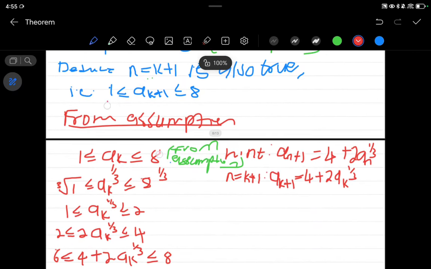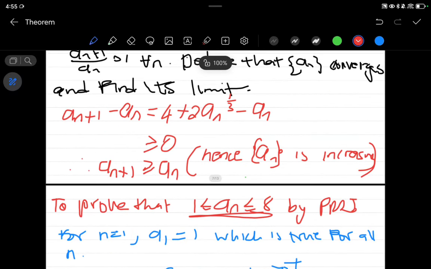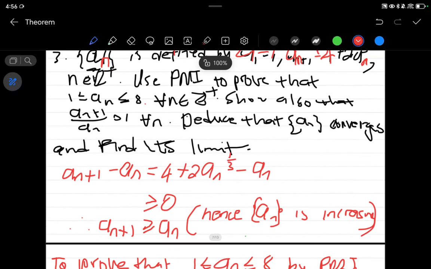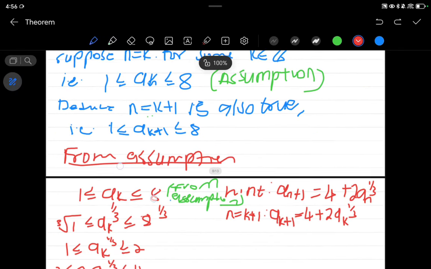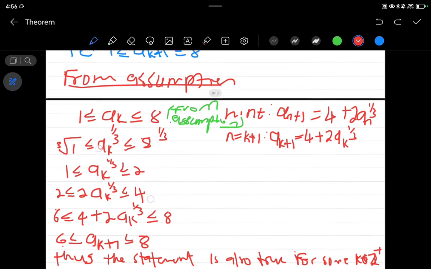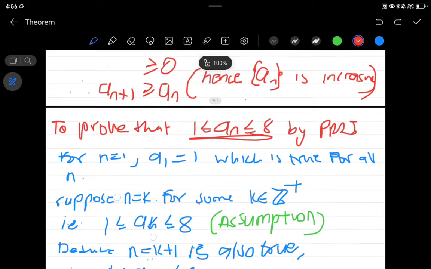Now we know it's increasing. We must find the limit now. We found that it's increasing, and this concludes, right? So the next question says that we should deduce that a of n converges. To prove that this thing converges, we use this proof, right? I've already proved this.